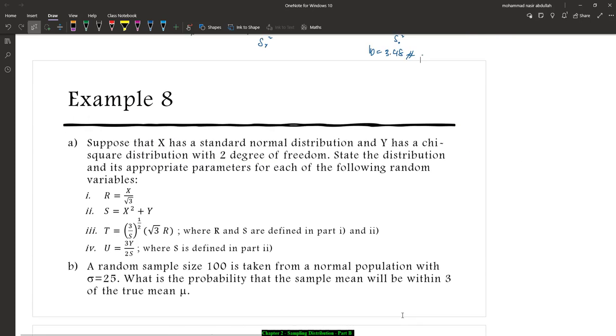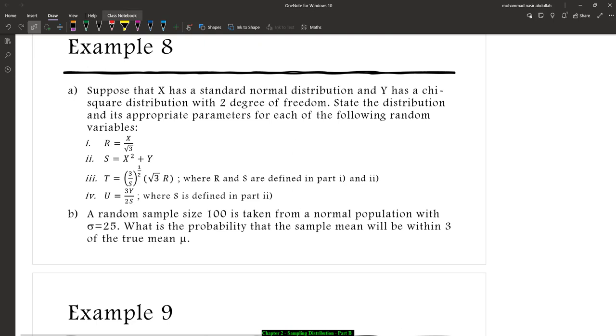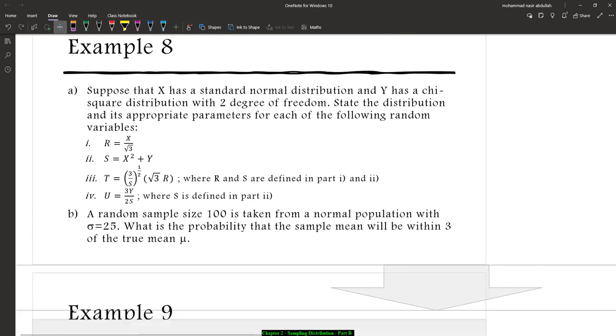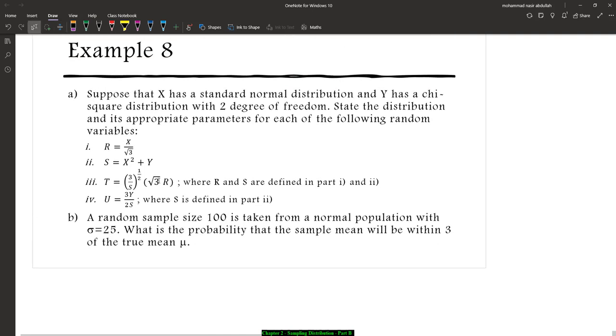So now let's look at example number 8. Example number 8 says suppose that X has a standard normal distribution and Y has a chi-square distribution with 2 degrees of freedom.